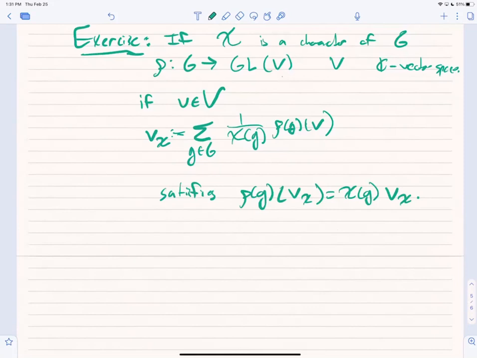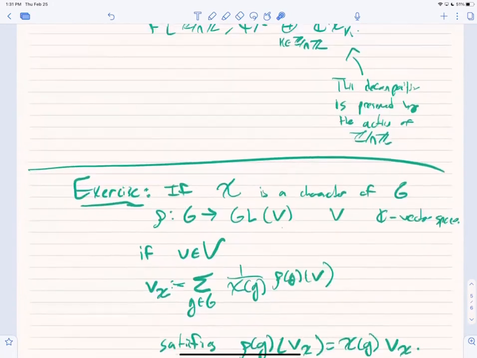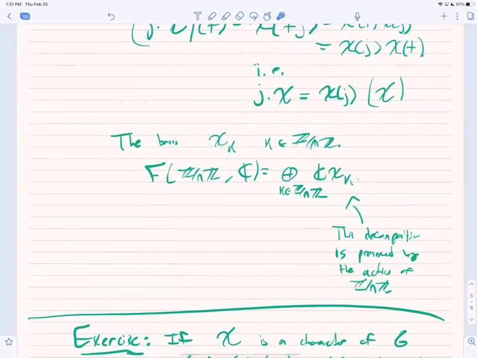If you write out this formula in the case of functions, you're just going to recover the formula for the projection onto this character space, the space spanned by the corresponding character.